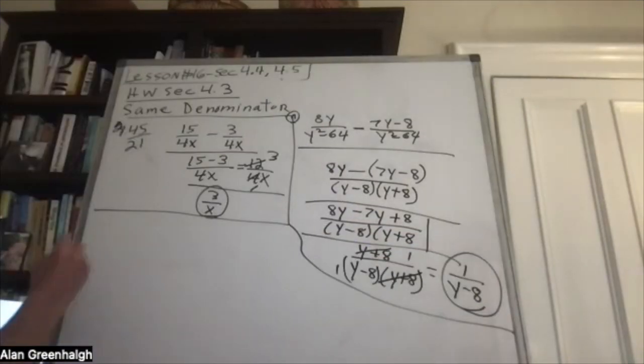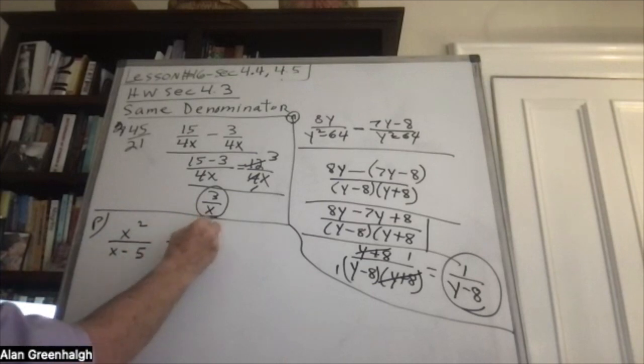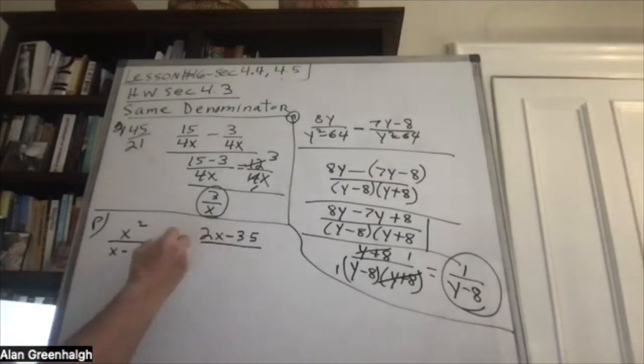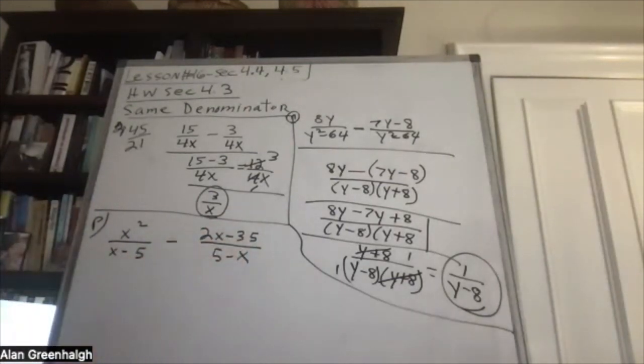This is problem P. x squared over x minus 5 minus 2x minus 35 divided by 5 minus x. So you can see the difficulty in this problem.